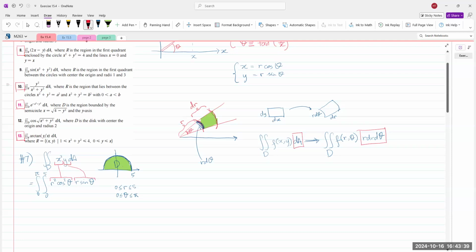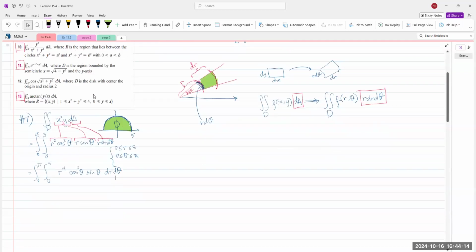And my dA now becomes r dr d theta. Simplifying them gives us the integral from 0 to pi, integral from 0 to 5, r to the 4th cosine squared theta sine theta dr d theta.